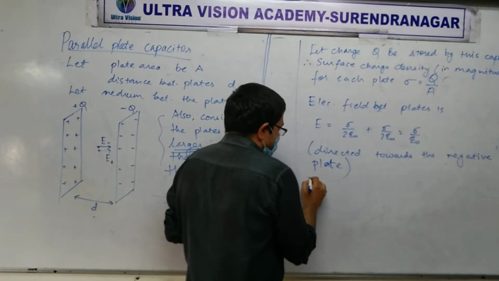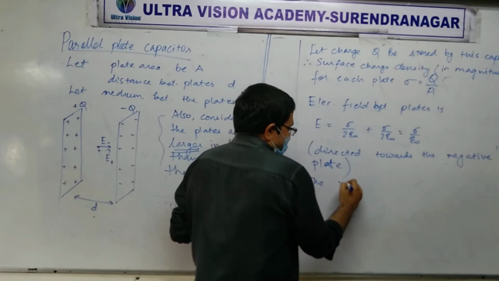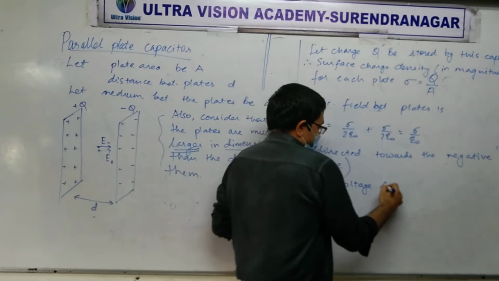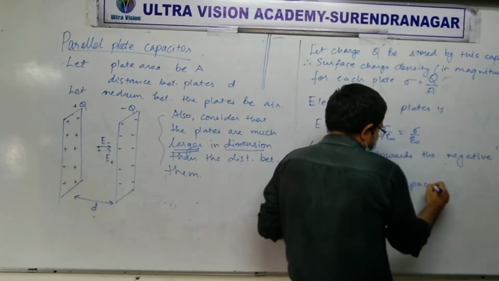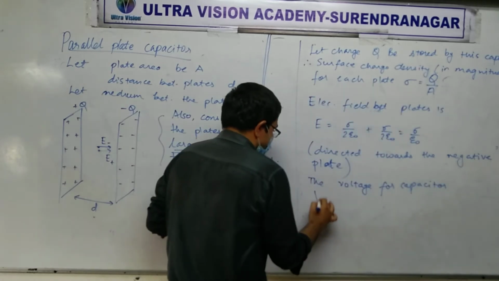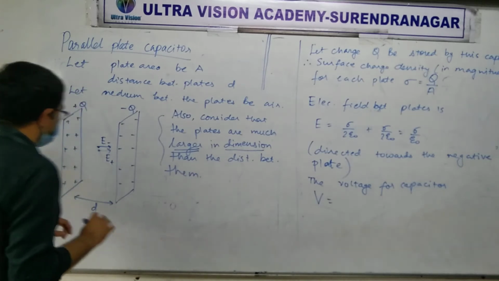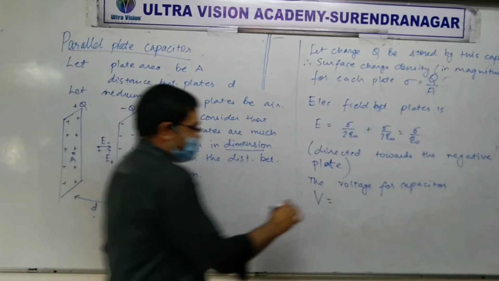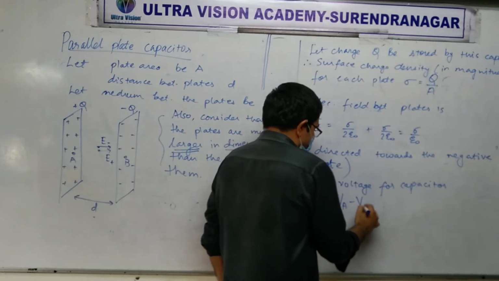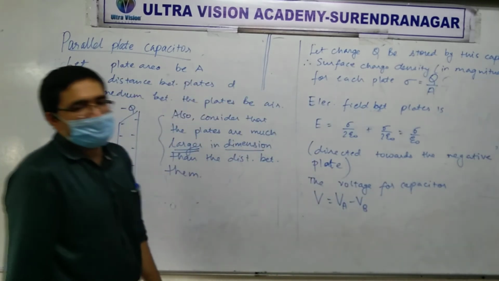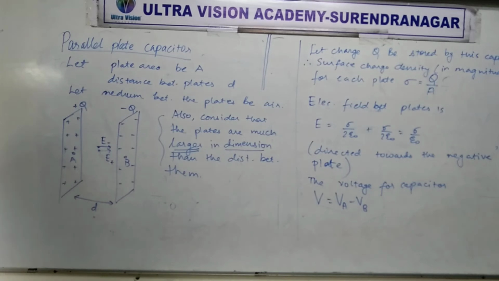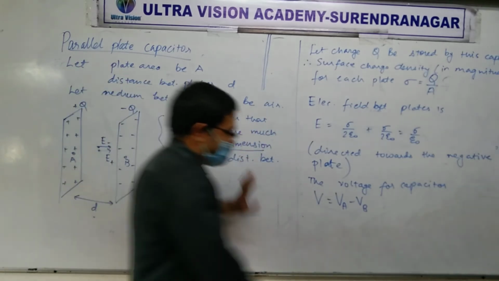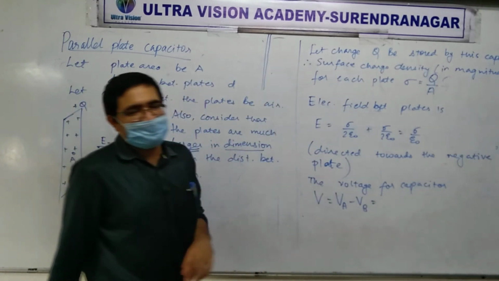So you can now write the voltage for the capacitor. V will be equal to, let's say any two points A, B, VA minus VB. Uniform field.